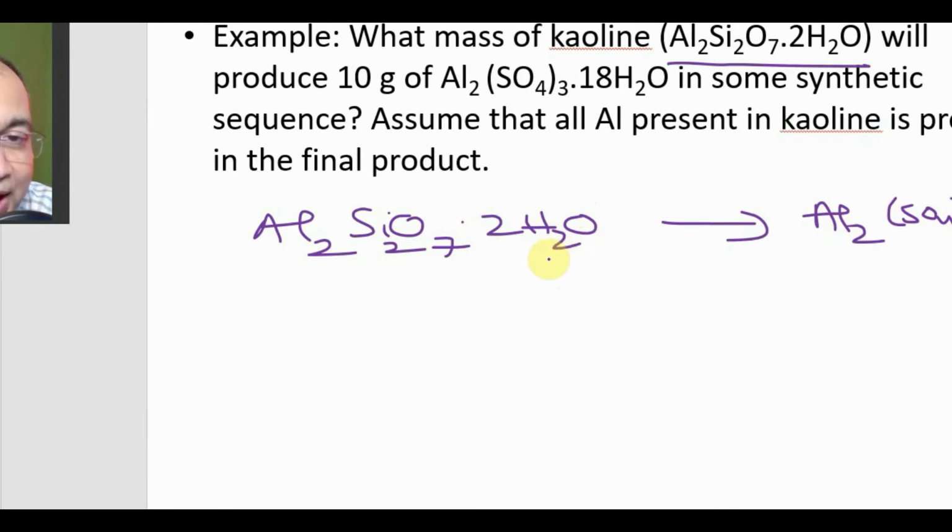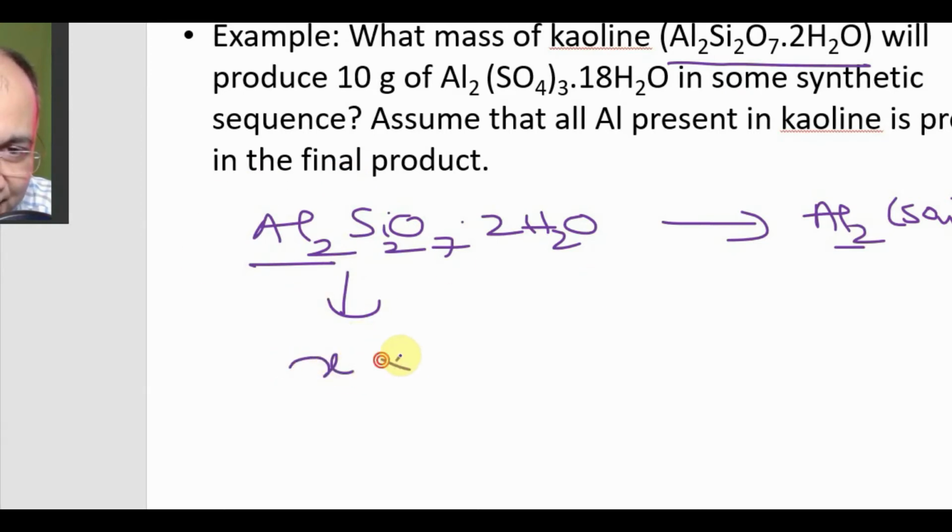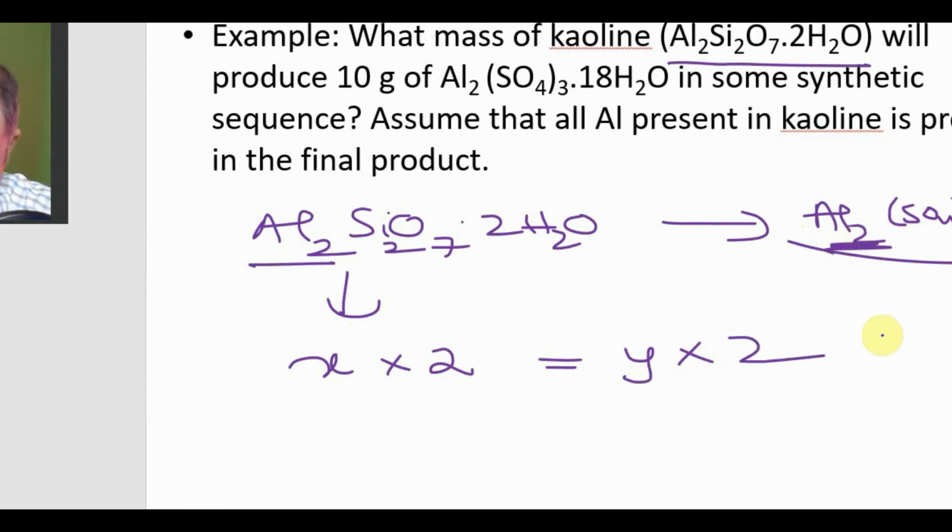So we have to correlate between this and this. Here it is 2 water, it is 18 water. Doesn't matter. Aluminium is to be conserved here. So the number of moles, supposing, of this huge compound is X into 2, is equal to here also 2. So supposing the number of moles of this huge compound is Y, into also 2. That's it. I have done it for you.